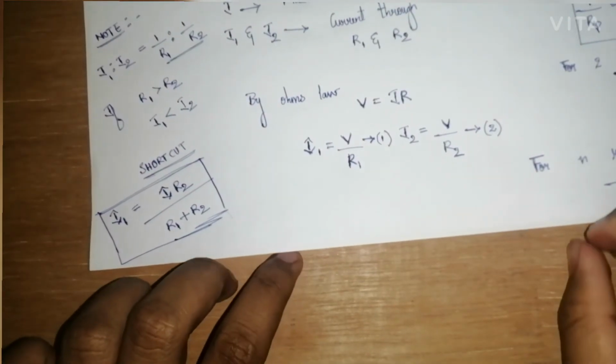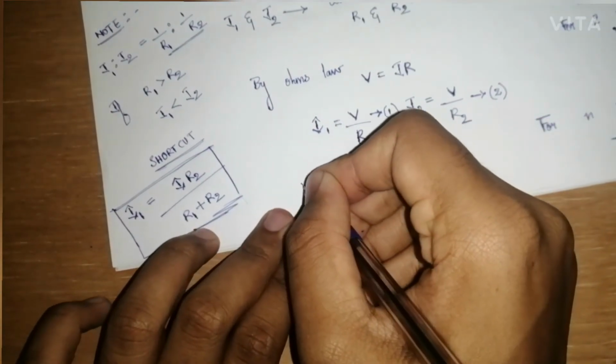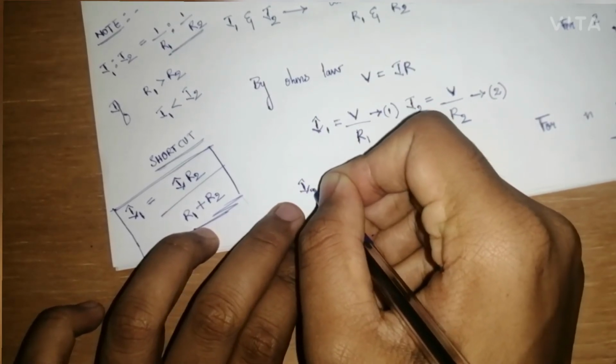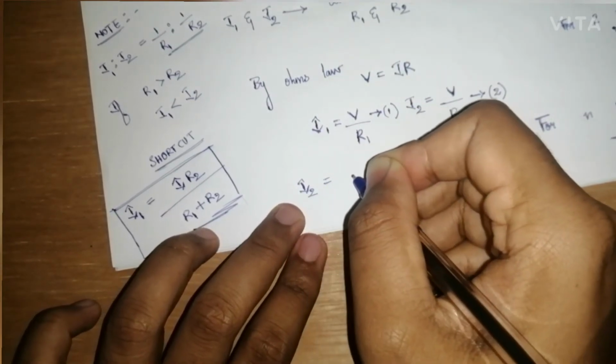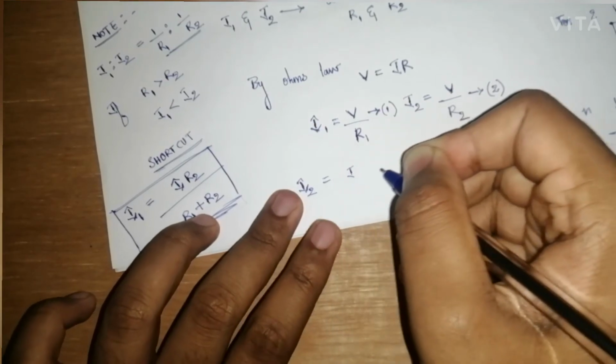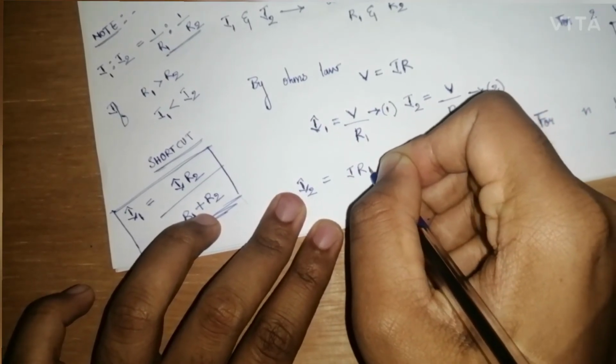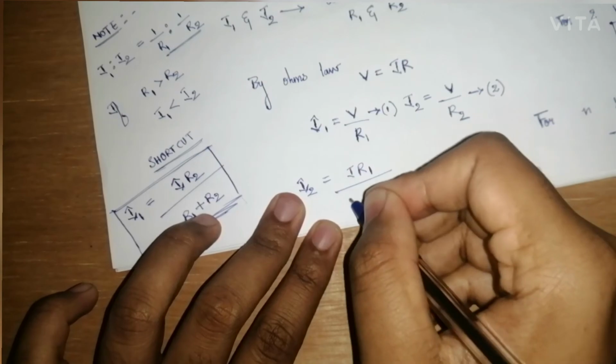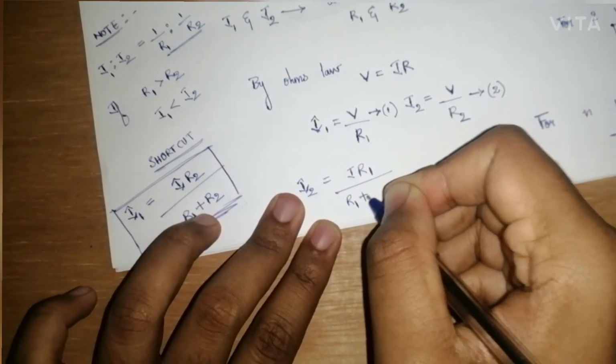I'll write over here. Your I2 will be I, that is your main current, into R1 divided by R1 plus R2.